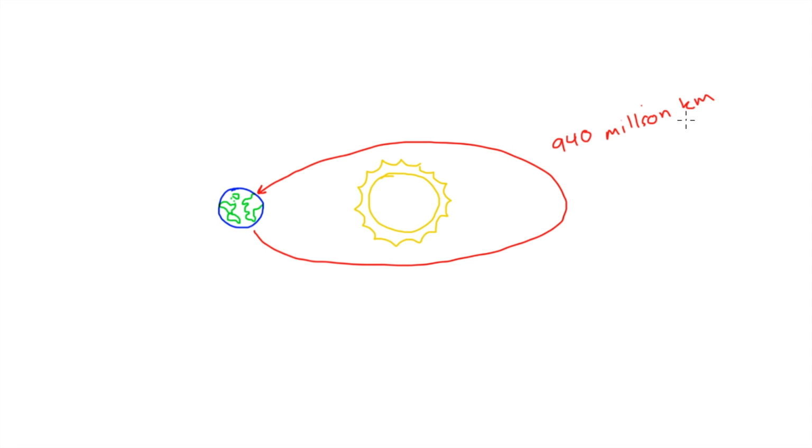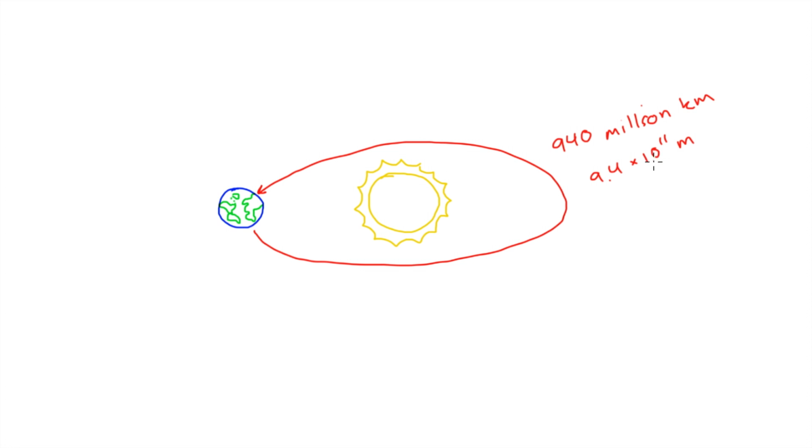When we see kilometers, we multiply it by 10 to the 3, and when we see million, we multiply that by 10 to the 6. So altogether it's times 10 to the 9, and then the other two makes it 9.4 times 10 to the 11 meters.